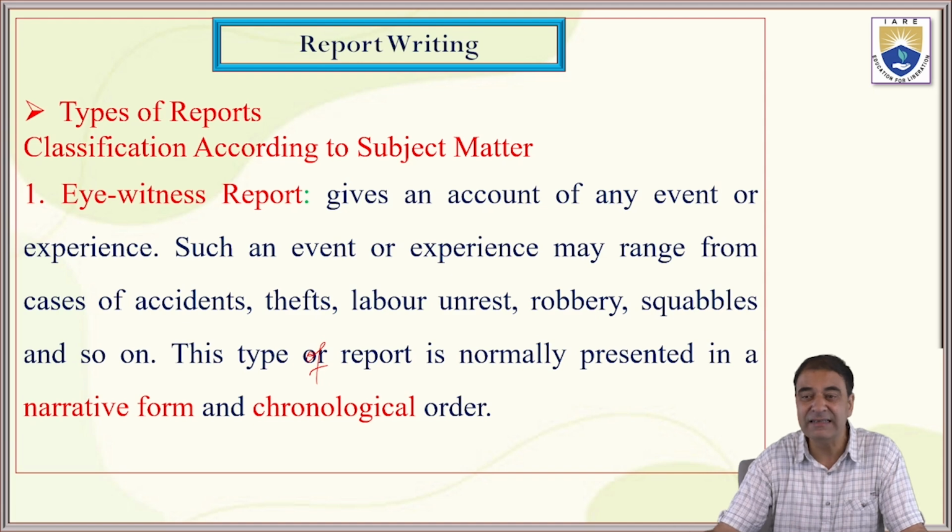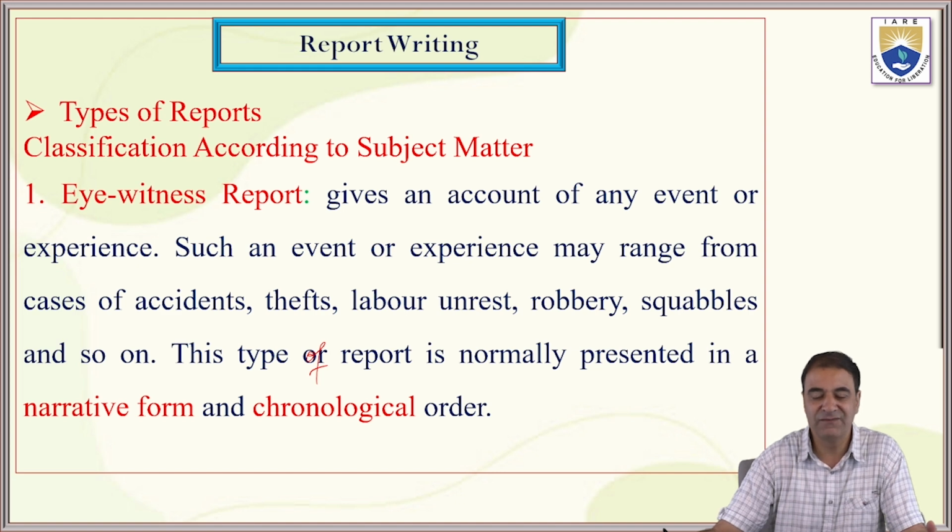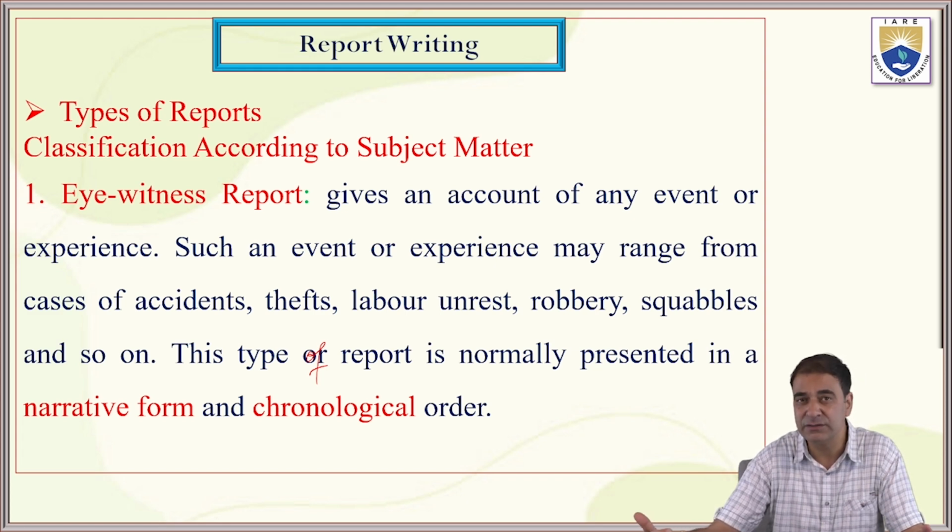We just narrate things. For example, if you take newspaper reports, if something happened anywhere in this world, a reporter just narrates the events. But while narrating the events, he takes care of order, and that too logical order.